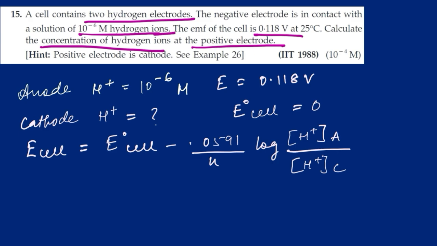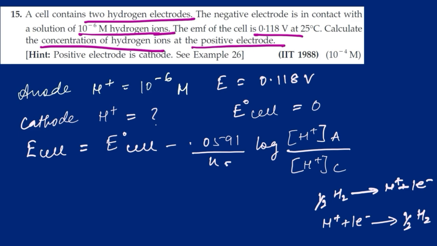The reaction at the anode is oxidation, that is hydrogen getting oxidized to H plus ion by the loss of 1 electron, and reaction at the cathode will be H plus ion getting reduced by accepting 1 electron. So number of electrons involved in this reaction is 1.